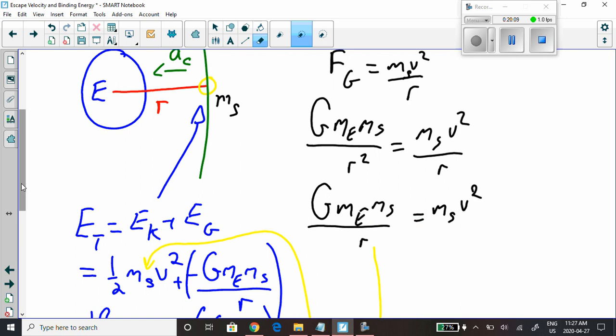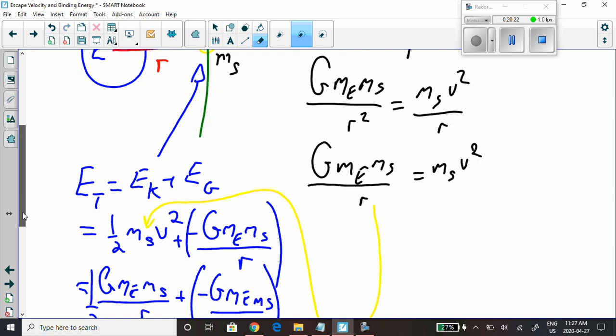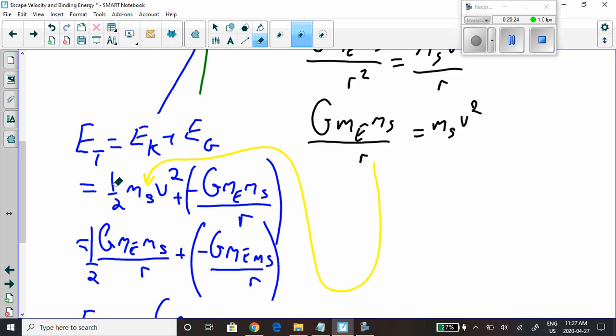But now let's take a look at what energy it has. Its total energy is equal to its kinetic energy plus its universal gravitational potential energy. So that would equal half the mass of the satellite, v squared, plus negative G, mass of the Earth, mass of the satellite, all over r. Remember, universal gravitational potential energy is negative.